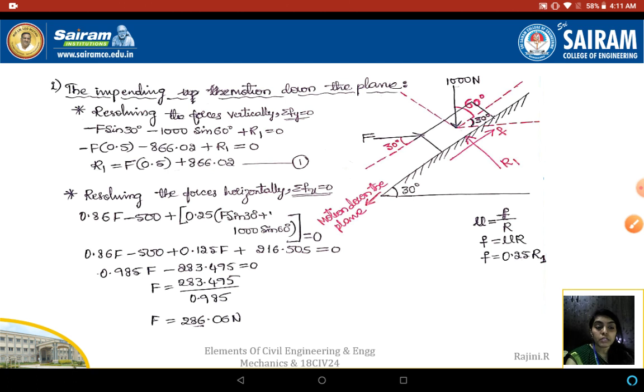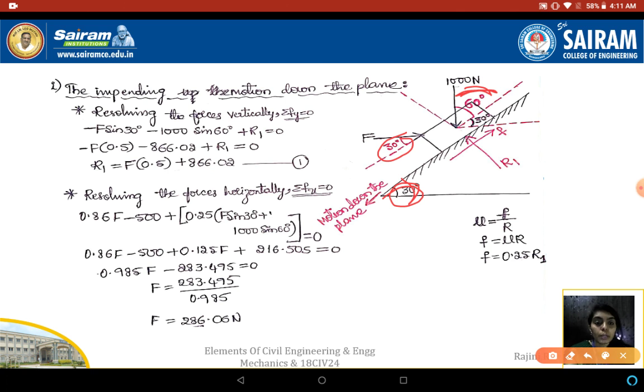Angles play a very important role here. According to the problem, they have given 30 degrees, this one. The alternate angle will be exactly 30 degrees. But here 60 degrees will be with respect to the y-axis.